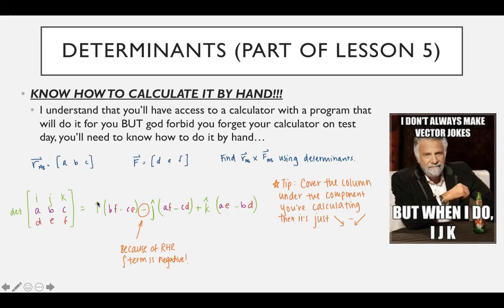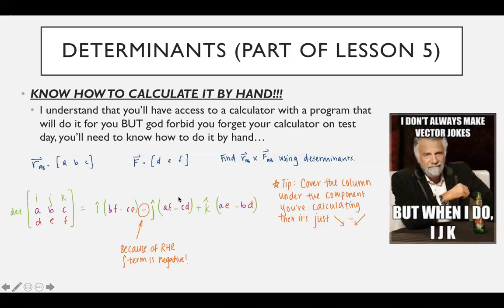If I'm finding the i component, I'm going to ignore this whole column, the i column entirely. And then you essentially just do top left times bottom right minus top right times bottom left. So you literally draw across these two columns that you have left. So it's top left times bottom right minus top right times bottom left.